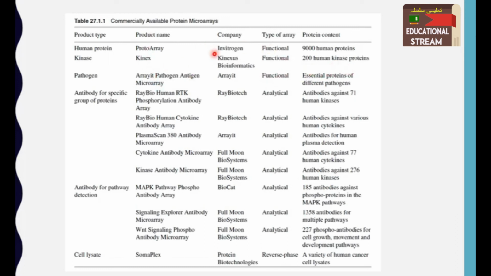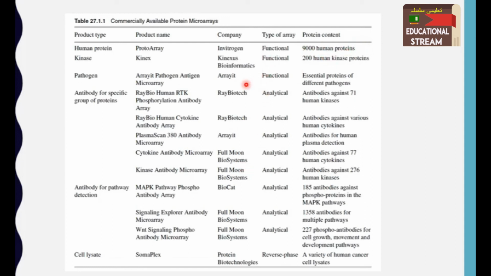We will take an example. Invitrogen provides a human protein microarray of approximately 9,000 full-length human proteins which are purified individually from insect cells.